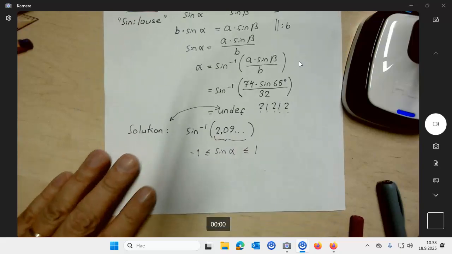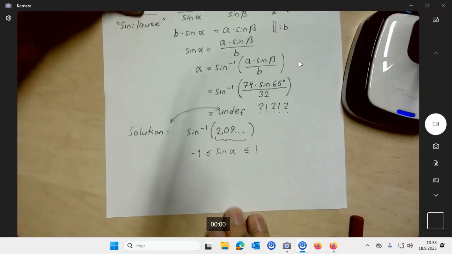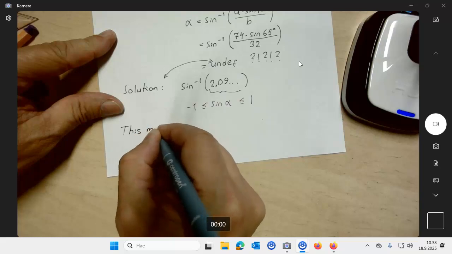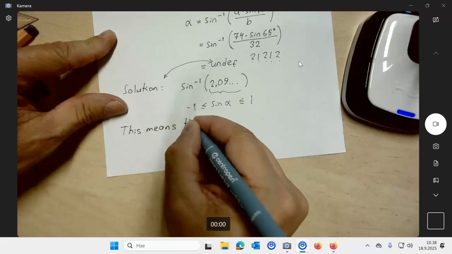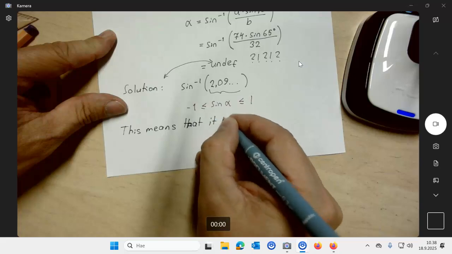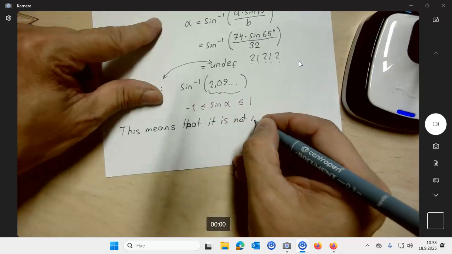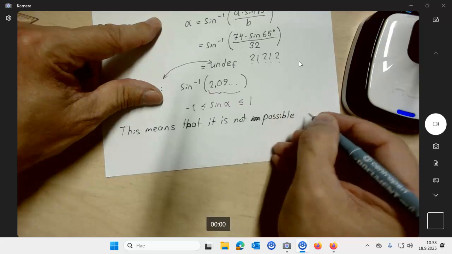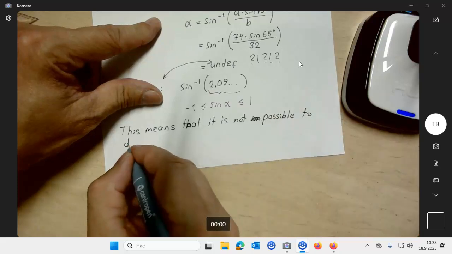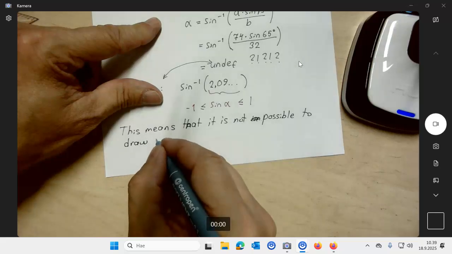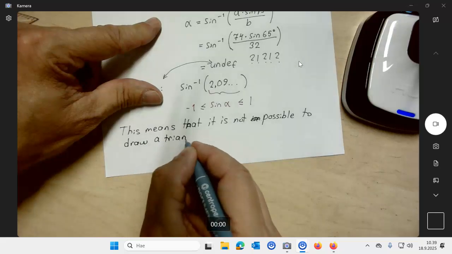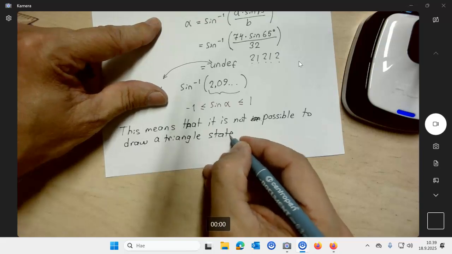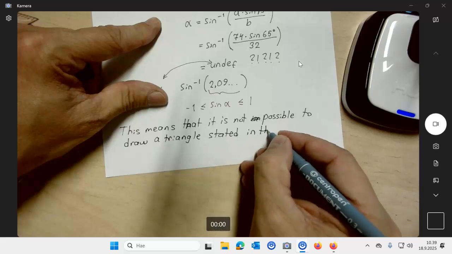So this means that it is not possible to draw a triangle stated in the problem.